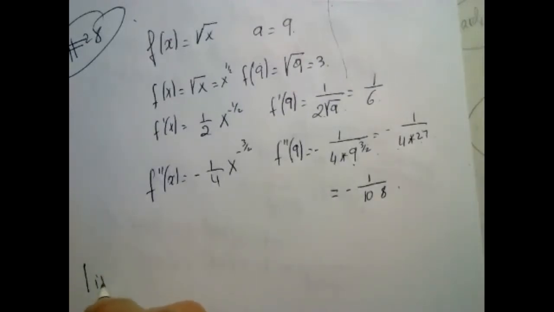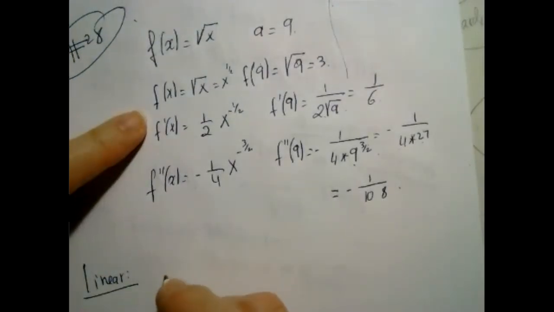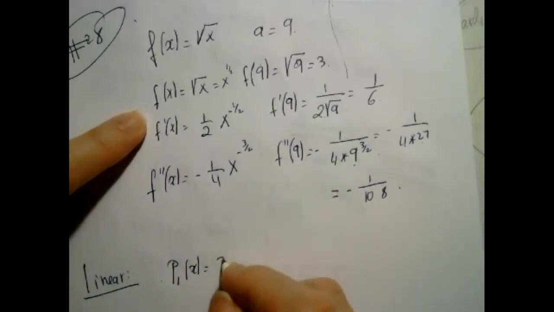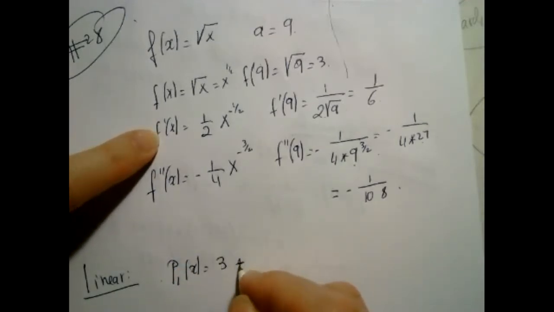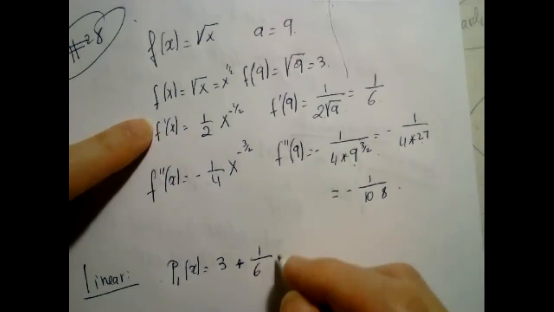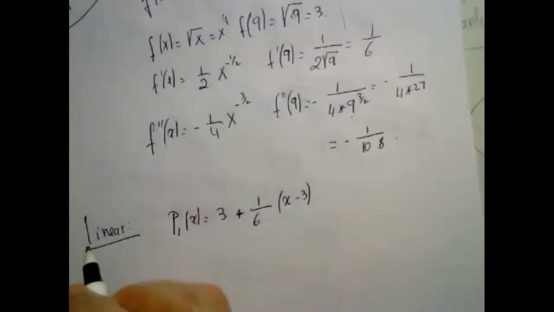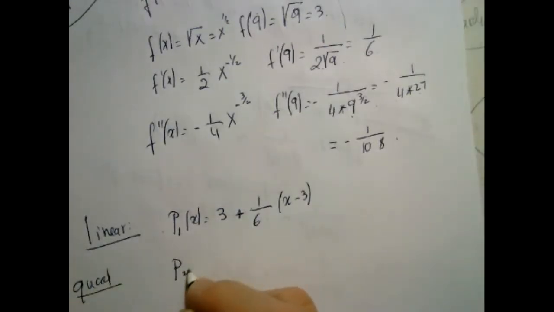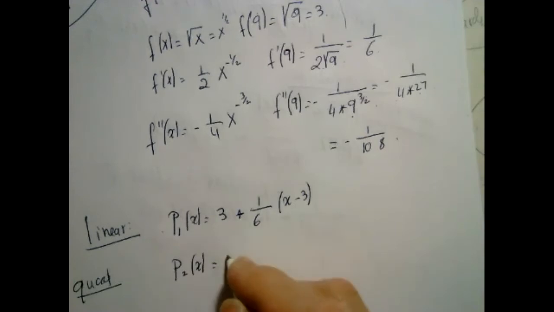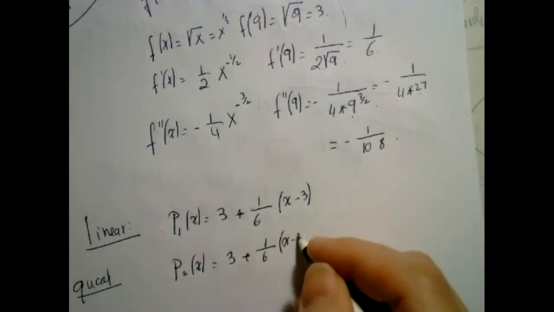So the linear becomes P1 of x is f of 9, which is 3, plus the derivative times x minus 9. And the quadratic becomes P2 of x equals 3 plus, so the first 2 terms are the same.